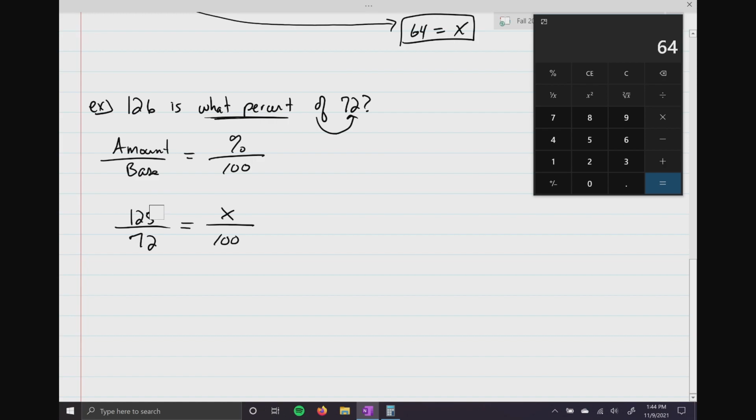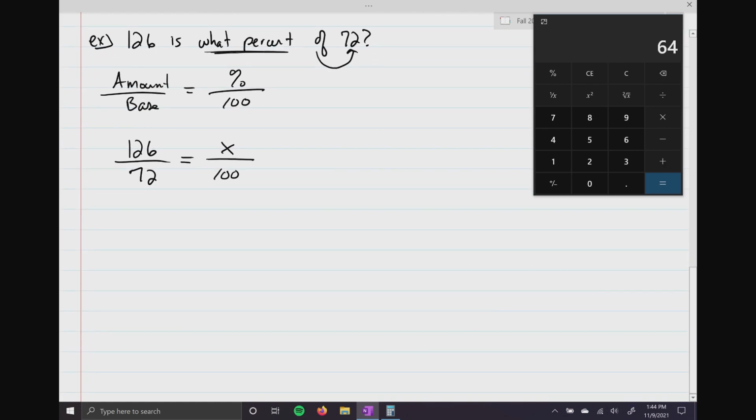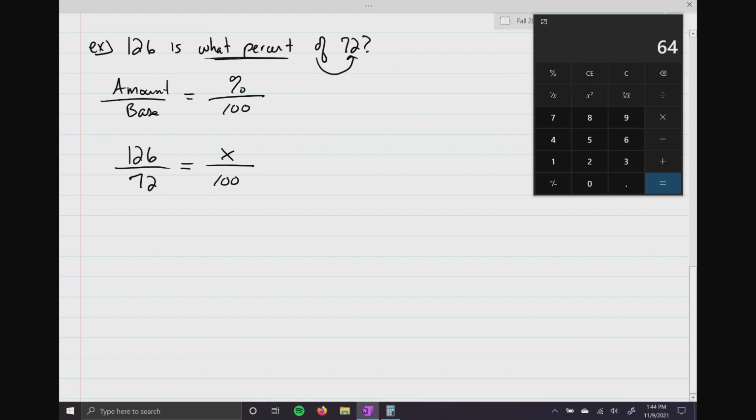which means 126 has to go above. So from here, that 126 over 72 I can reduce, so I'm going to do that first. 126 over 72 turns out to be 7 over 4 after you prime factorize and reduce. Now this seems to be a lot easier. Cross multiply. 7 times 100 equals 4 times x, which means 700 equals 4x.